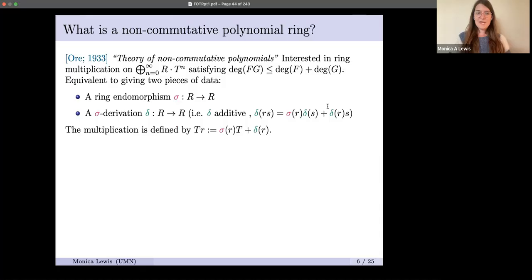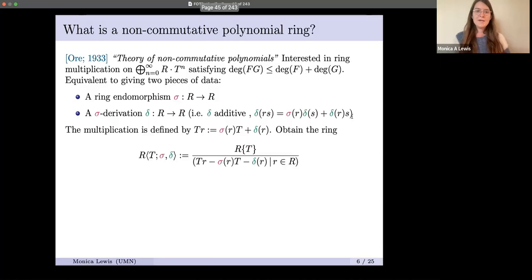Once you have those two pieces of data, the multiplication law that you get simplifies the expression Tr by commuting the r through T with the sigma endomorphism and picking up some kind of extra debris that looks like your derivation applied onto little r. And the ring as an abstract presentation starts with taking our option one ring, the one in which R is adjoined with the symbol as freely as possible, and then imposes for all little r in R this relation that ensures that you have the right commutation relation.